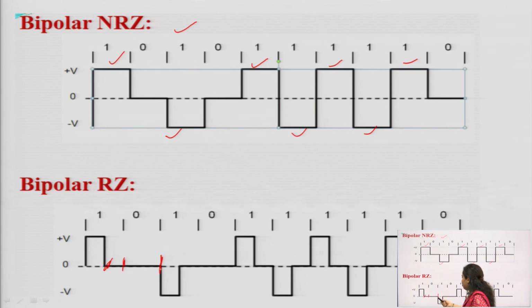For 0 it will be 0 volt, then for the next one it will be minus V to 0, then for 0 it will be 0, for the next one it will be plus V and 0, for the next one minus V and 0, for the next one plus V and 0. So, you are alternately inverting the amplitude of the bit that is received, that is 1, and 0 will be transmitted for the 0th bit. So, this is how the bipolar signaling will be done.